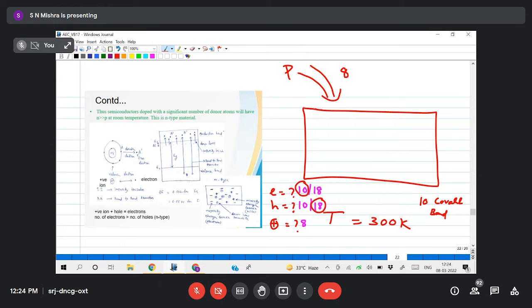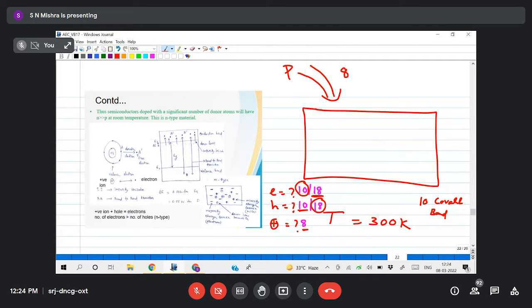Okay. Who told 18 electrons and 10 holes and 8 positive ions? Can you explain how you are getting that? Yes, sir. Electrons are 18 because 8 we are getting from the phosphorus ion and 10 from the covalent bond. So 10 plus 8, 18.